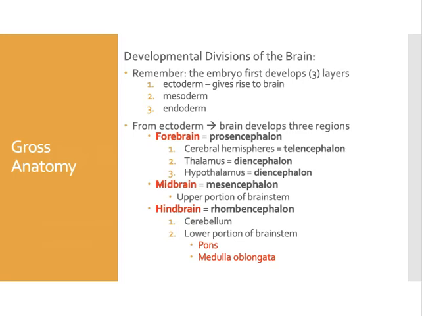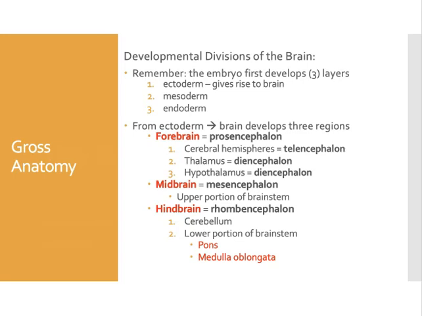We just need to remember that the embryo first develops into 3 distinct layers. Those layers include the ectoderm, the mesoderm, and the endoderm. These 3 layers that develop very early in the human embryo are going to give rise to all of the structures in the human body.